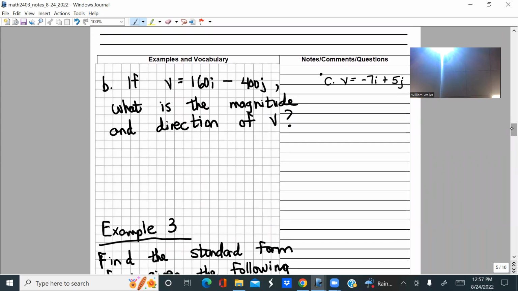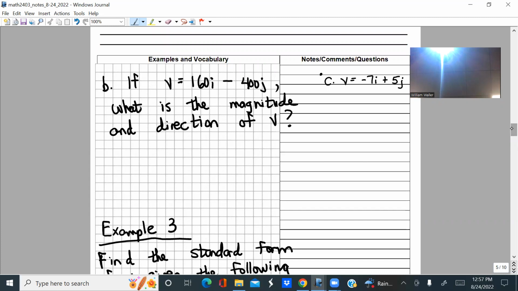I should have drawn a picture here, but we can sketch one. Here we have a vector already written in standard form: 160i minus 400j. How is that vector pointing? Into what quadrant? I've gotten almost every answer: first, second, and fourth.